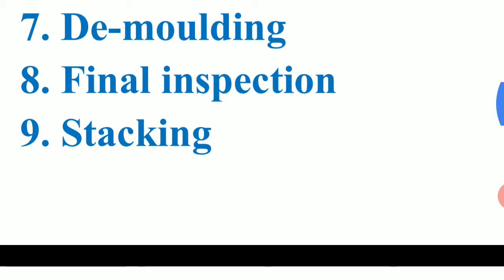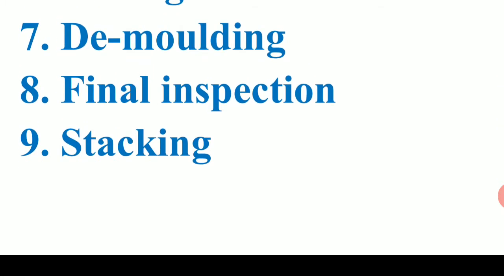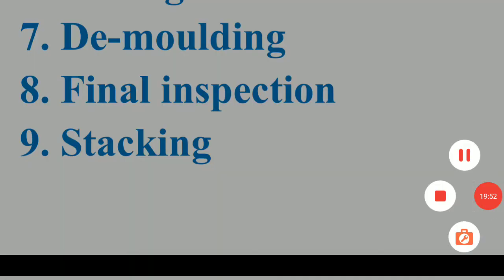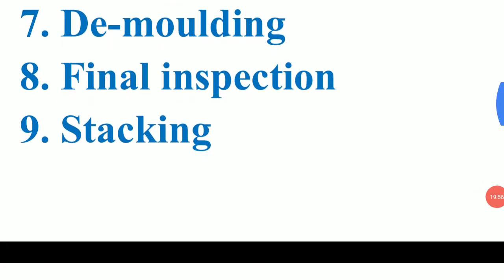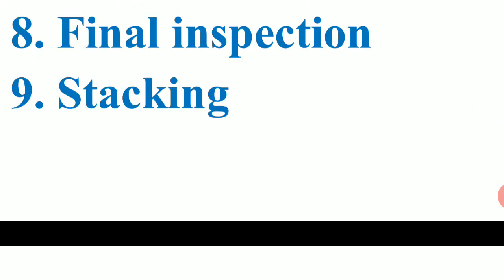Okay, so in the demolding process, we will remove all those formworks, or whatever shuttering has been attached in the second part of this planning stage, and then we can reuse those different molds in the upcoming part. And then the next stage is final inspection. So in this final inspection, what exactly will the inspection committee members do?